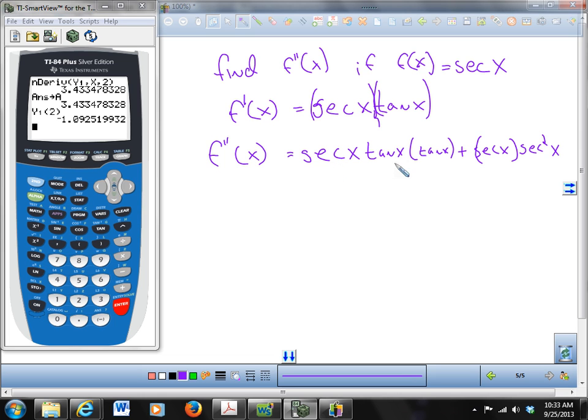Secant x times tangent x makes secant x tan squared x. Right? And secant x times secant squared x makes secant cubed x, plus secant cubed x. And then I guess you could just leave it like that. They might ask you to factor out, oh, could we do this? I guess you could factor out a secant x times tangent squared x plus secant squared x.